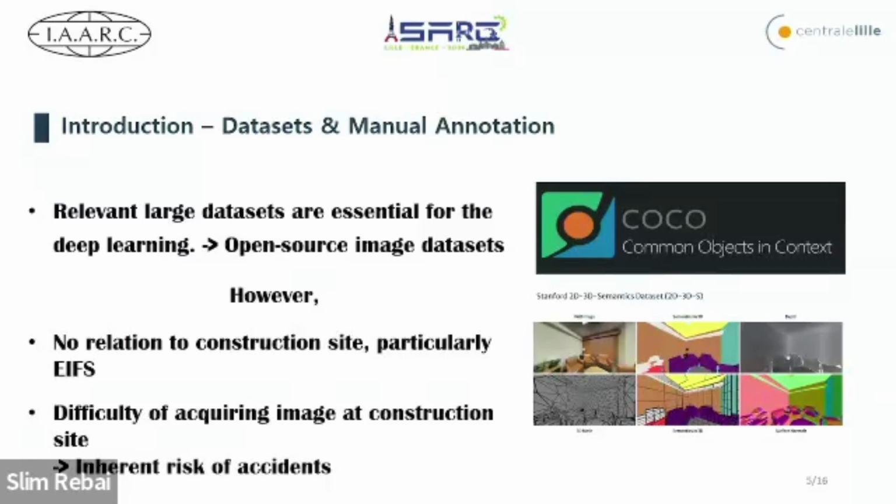Open source image datasets such as COCO and Stanford 2D-3D-S exist, but they have no relation to construction sites and particularly EIFS. Furthermore, there is a risk of accidents when acquiring images at construction sites.